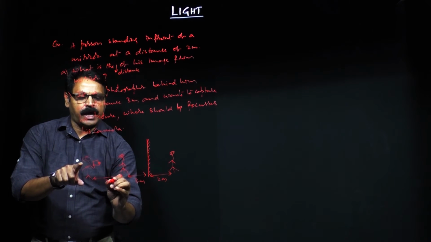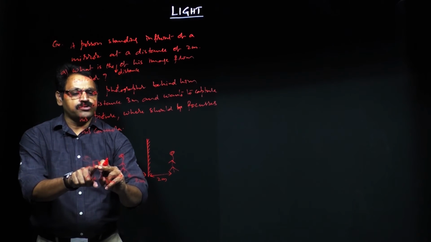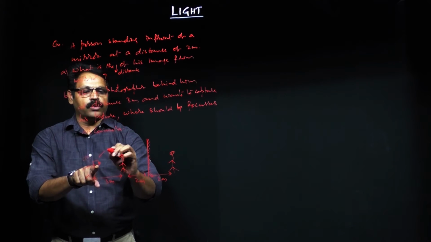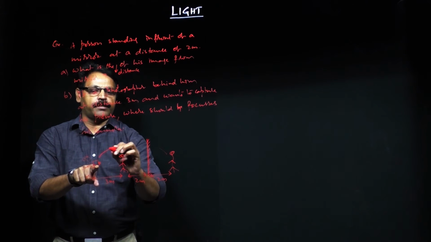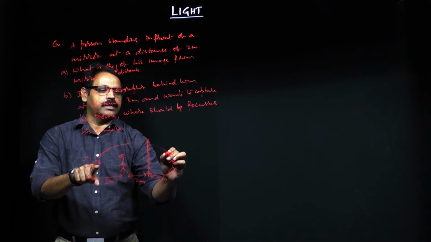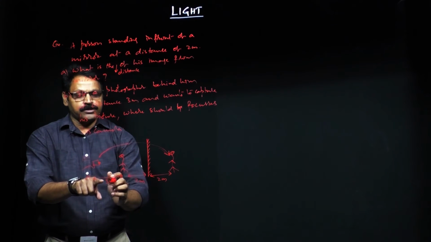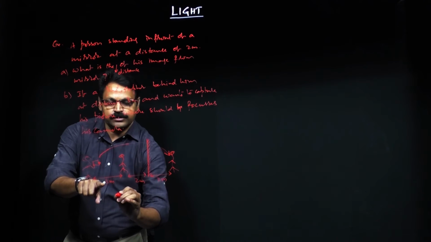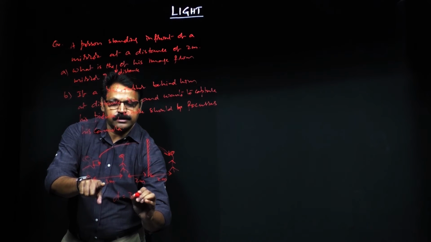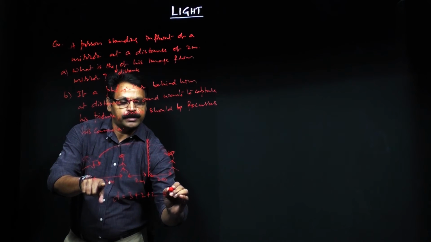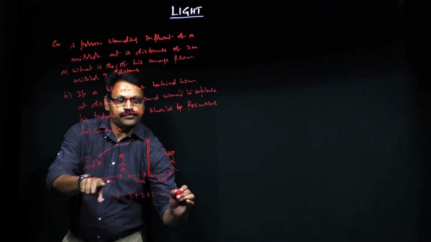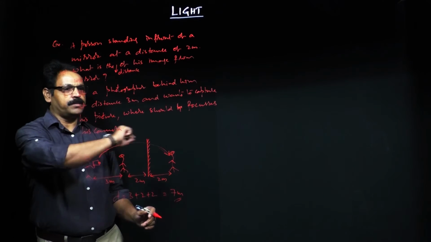So in order to capture his face, he has to focus his camera on the image of this person. That means he should focus the camera somewhere over here. So he has to focus his camera at a distance of 3 meters plus 2 meters plus 2 meters. That comes out to be 7 meters. His focus point should be at 7 meters.